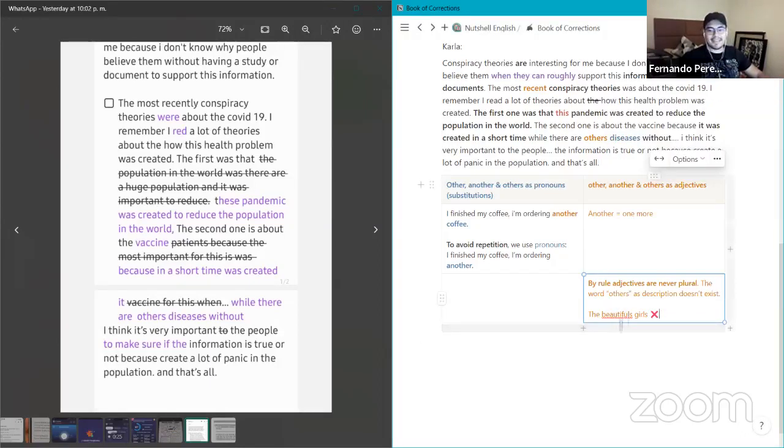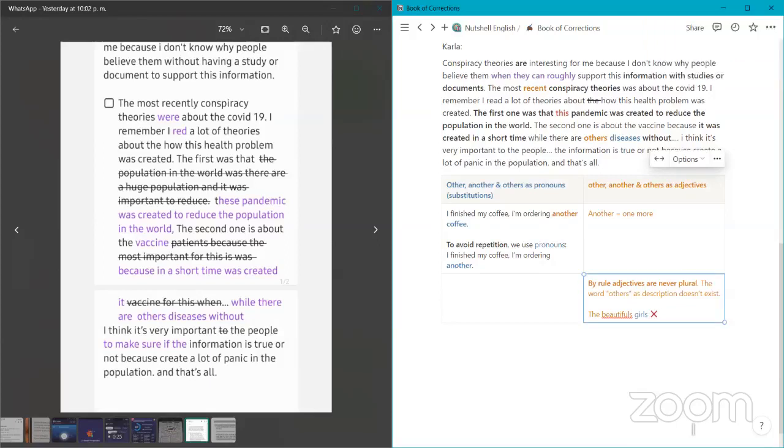It automatically gives me a red color. Do you understand this or not? Yes, teacher. I understand, but also not.